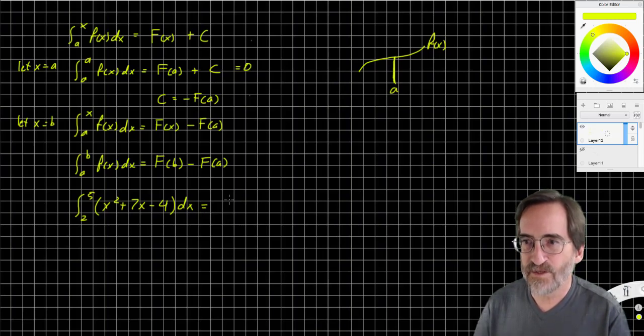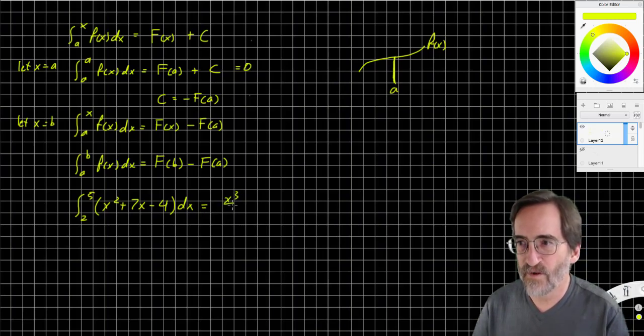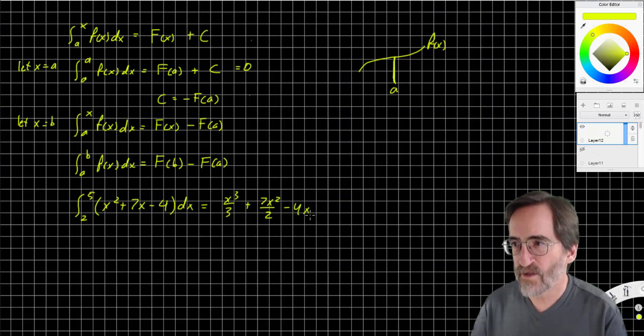So x squared becomes x cubed over 3. x becomes x squared over 2, so plus 7x squared over 2, minus 4x. And here's the notation we use. We use a straight line, and we indicate the lower bound and upper bound, from 2 to 5.